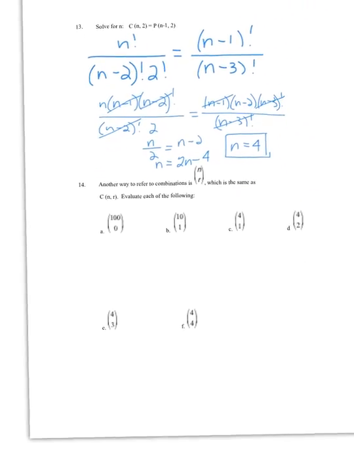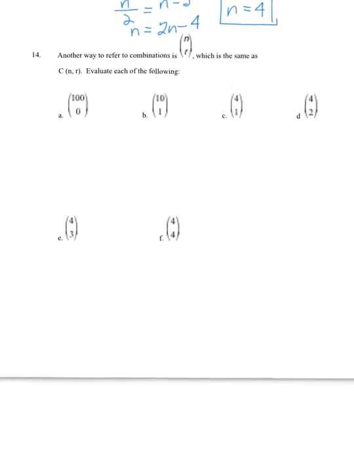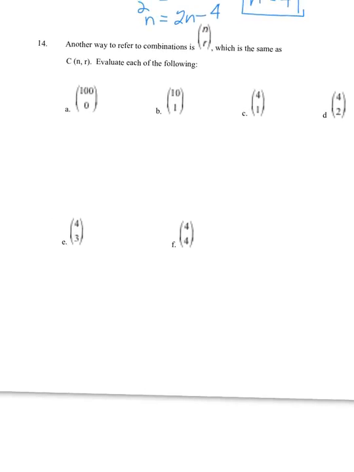Okay, another way of writing combinations, more often than this C and R, you get something that looks like this, 100 over 0. And that's just another way of writing C 100, choose 0. So let's just do this. You're just practicing.